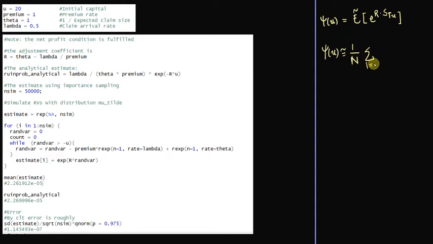the sample average of certain random variables. Let's just call them psi I. Let me try to describe what I mean by psi I. psi I is equal to e to the r multiplied by something that we achieve using simulation.